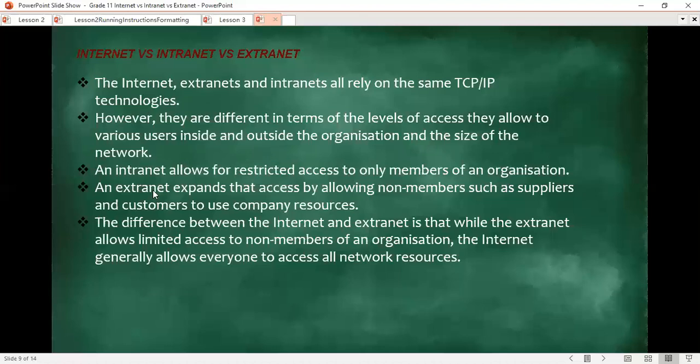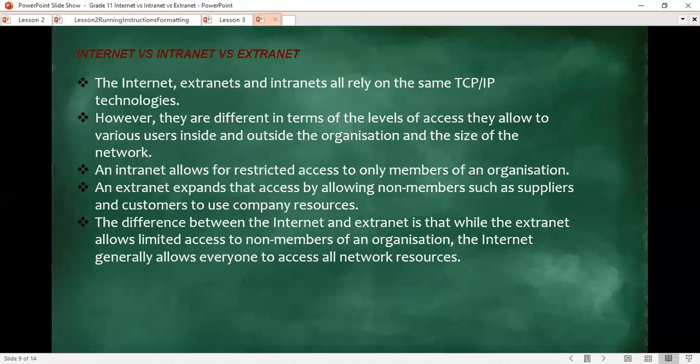And then an extranet expands that access by allowing non-members such as suppliers and customers to use company resources. Just like, for example, when you are a bank customer, like I made an example with a bank before, even if you have a banking app, sometimes you are limited.